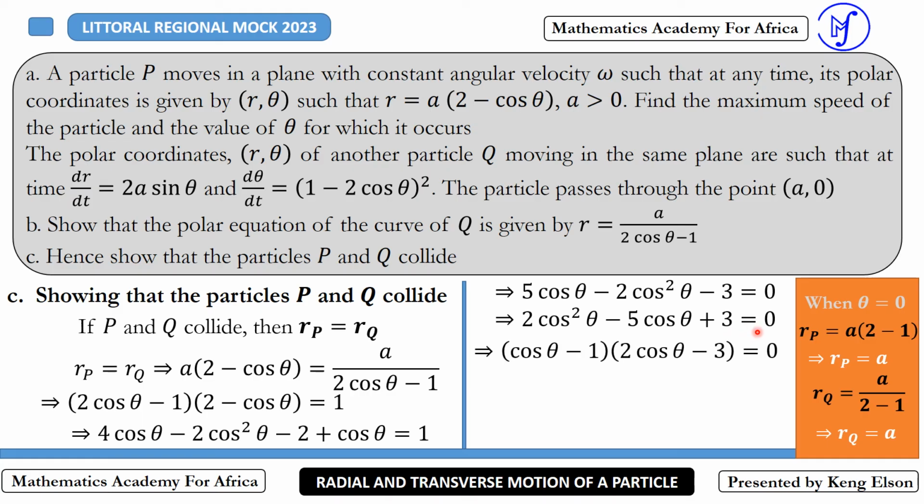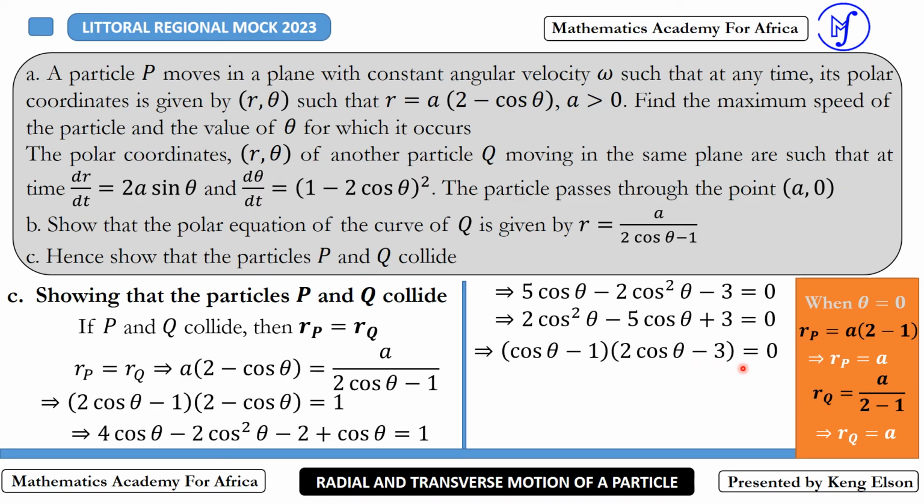We can factorize completely, that is, solve the quadratic equation by factorization. We get (cos theta minus 1) times (2 cos theta minus 3) over 2 equal to 0. But if I multiply two things and the result is 0, it means either of them is 0. Then clearly we see that 2 cos theta minus 3 can never be 0, because 2 cos theta minus 3 being equal to 0 would mean that cos theta is 3 over 2, which is impossible.